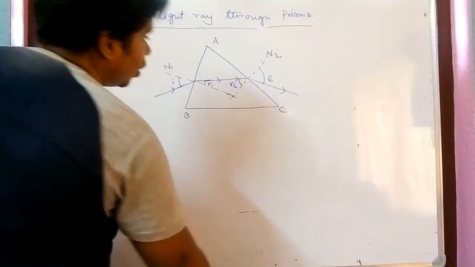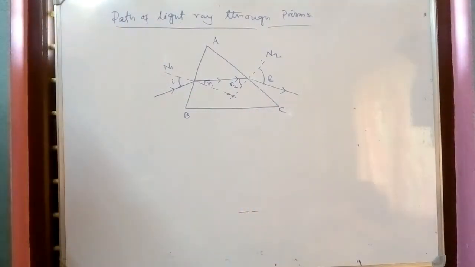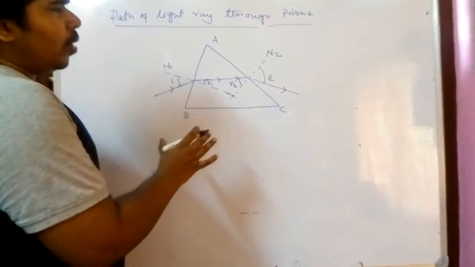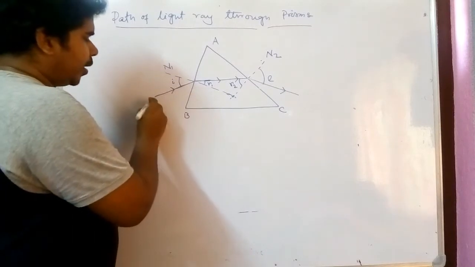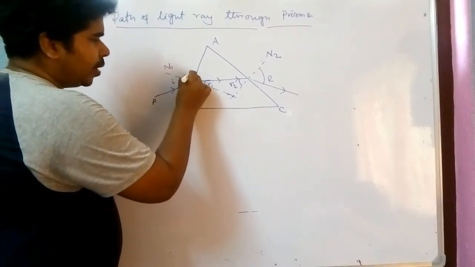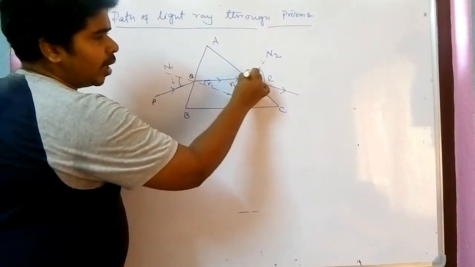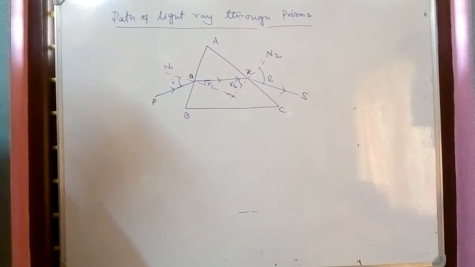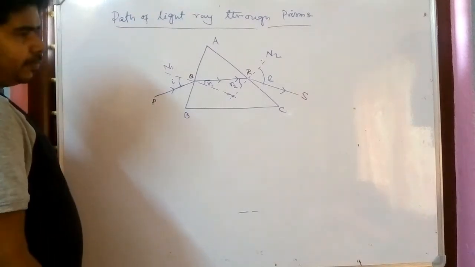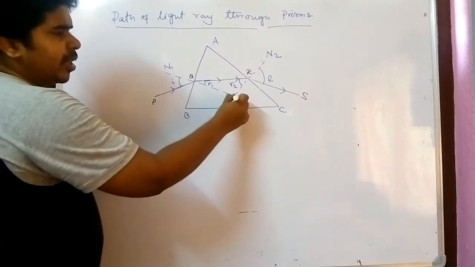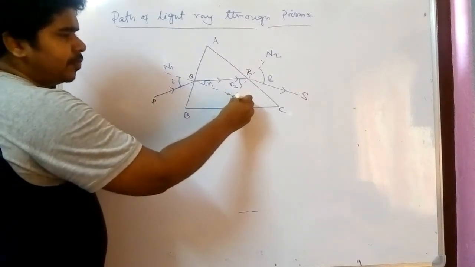Now here, one thing we have to find out: if there is no prism in front of the light ray, so let's name it first. It is P, it is Q, it is R, it is S. So this P, Q, R, S is the path of the light ray through the prism, and where the two normals meet, let's give it the name M.